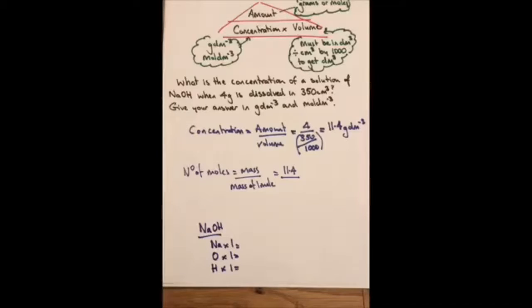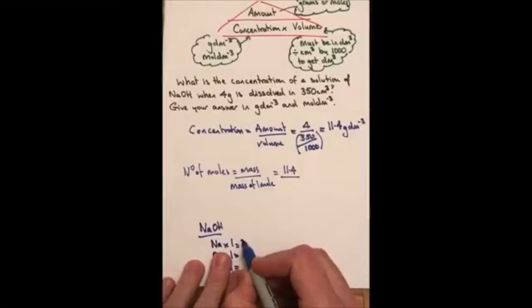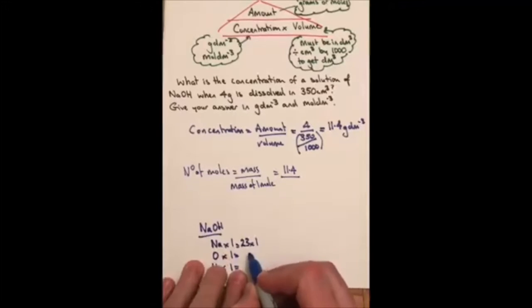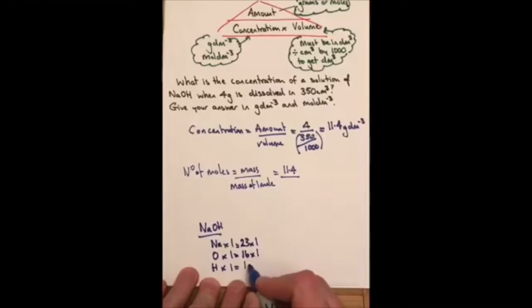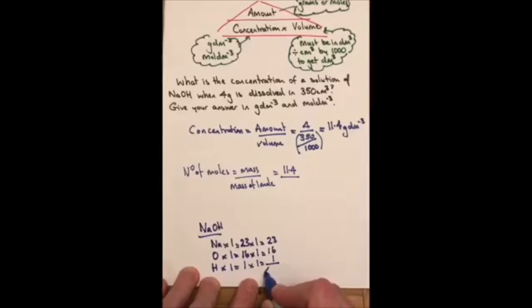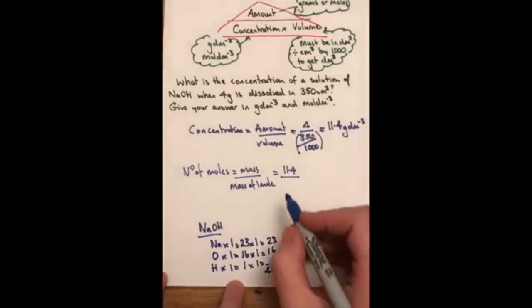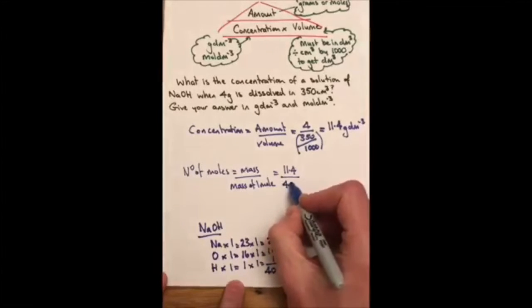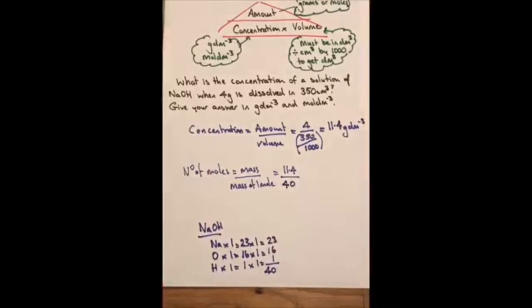I'm going to work those bits out. I know that the relative atomic mass of sodium is 23, the relative atomic mass of oxygen is 16, and the relative atomic mass of hydrogen is 1. So that becomes 23, 16 and 1. Add those together, that gives me an answer of 40. So the mass of 1 mole of sodium hydroxide is 40.